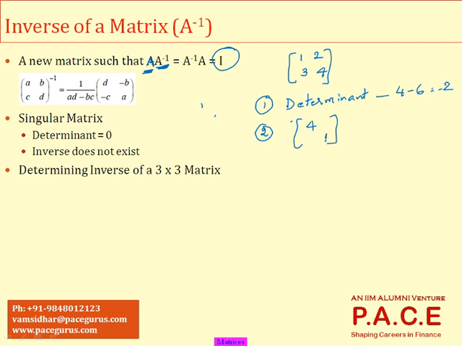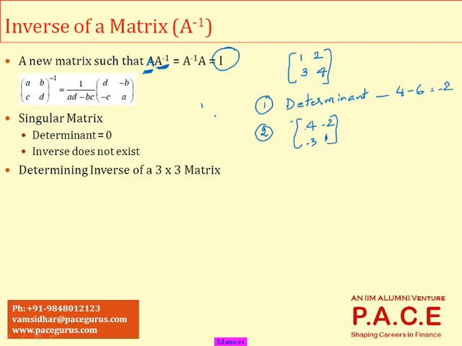On the other two, change the sign. Don't reverse their positions, only change their signs. On the principal diagonal, reverse the positions. On the other diagonal, just change the signs.